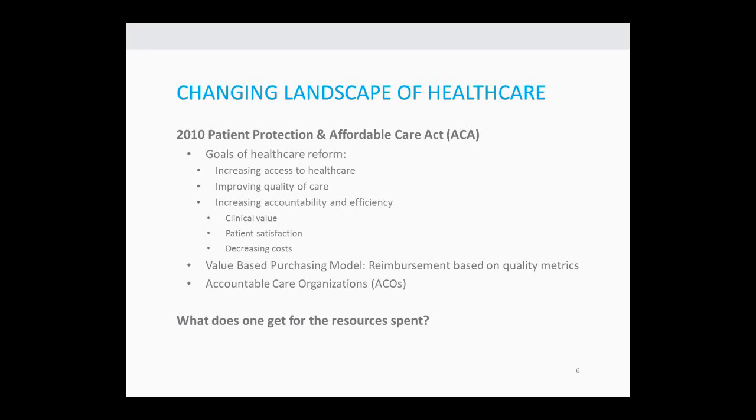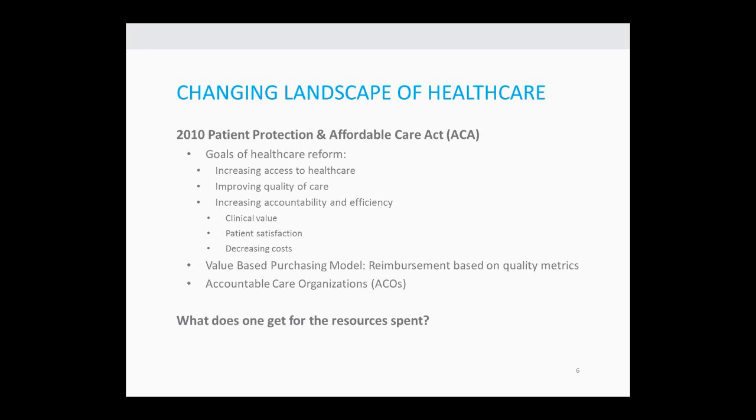We're increasing accountability and efficiency. And this really includes clinical value, patient satisfaction, and decreasing costs. CMS and others are pushing not only hospitals but healthcare to proceed with all of those. We are now going to a value-based purchasing model, reimbursement based on quality metrics rather than just on studies or testing being done.